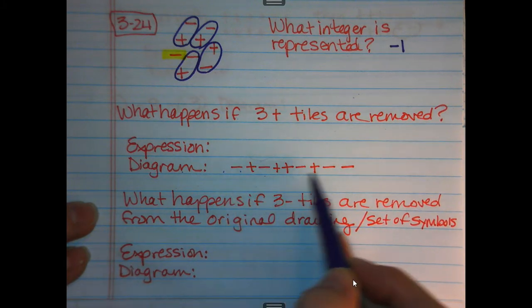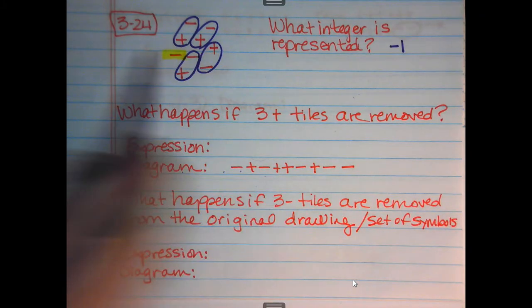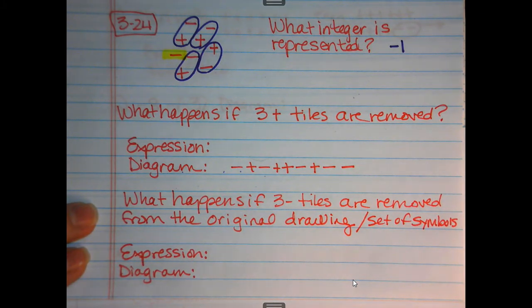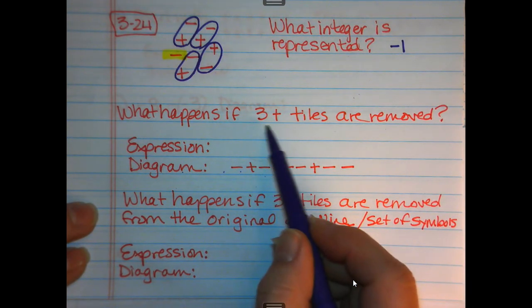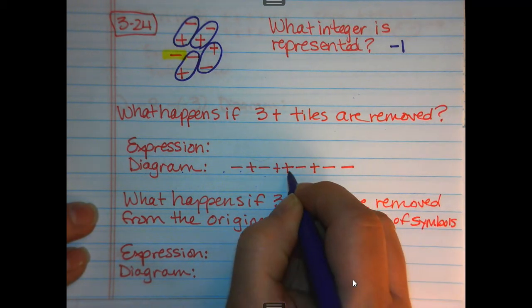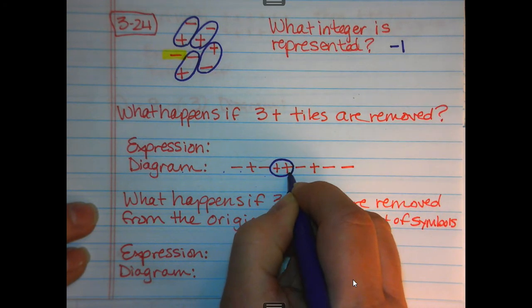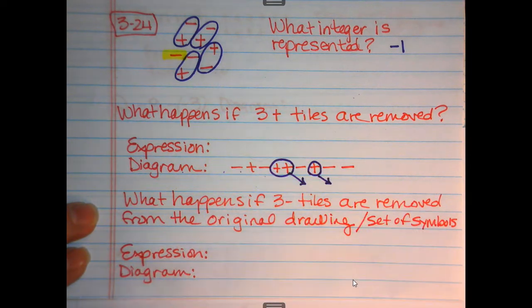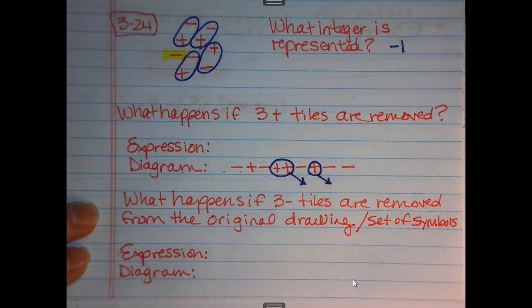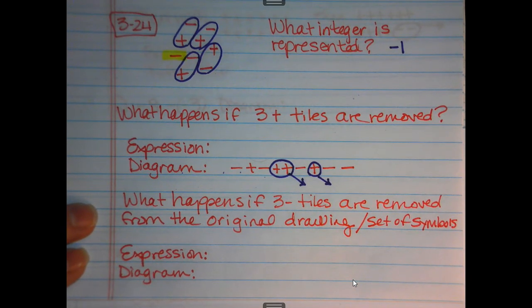Now, I went ahead and I drew them down here. I drew them differently than they are up there, but I still have the same number of positive and negative symbols. So my diagram is asking me, on my diagram, I need to take away 3 positive tiles. So I'm going to take away these 2, and the easiest way to draw something that is being subtracted, if you can't erase it, is to circle it and show that it's leaving the group with an arrow.